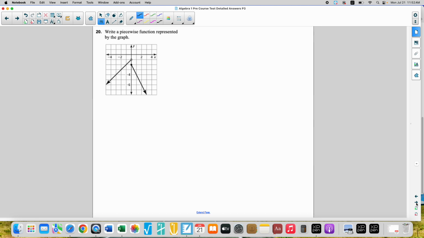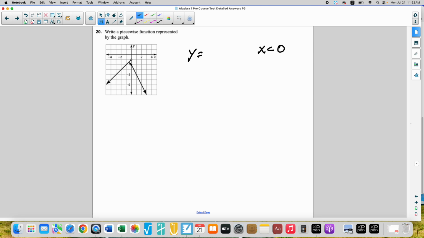Number 20, write a piecewise function represented by the graph. So as we input our x's, what are our outputs going to be? The formula for y equals, when x is less than 0, because it can't be less than or equal to, what's that graph right here?